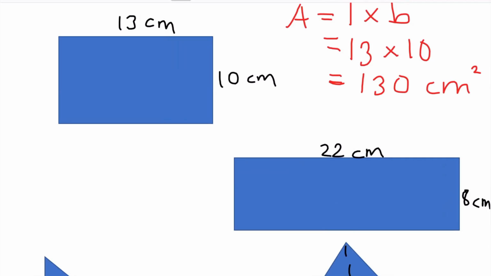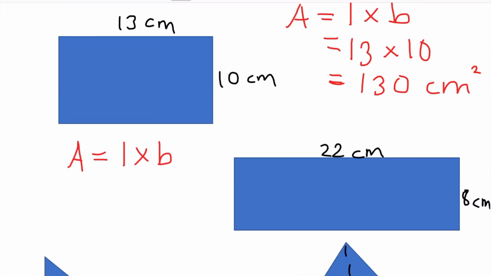Alright, moving on to the next question. So here we have another rectangle in which the length is 22 centimeters and the width is 8 centimeters. So again we just do this. A, which is area, is equal to length into breadth. It is necessary also to mention the formula before starting to answer it. Giving direct answers won't give you full marks in examination times.